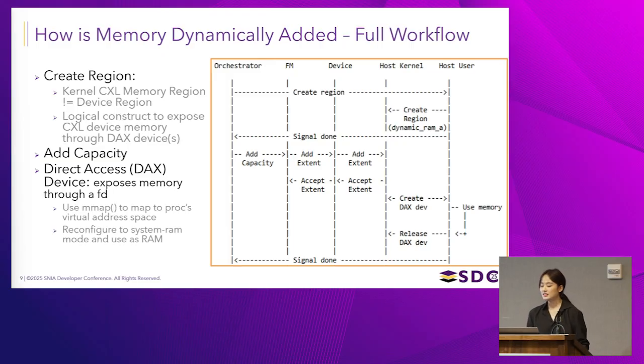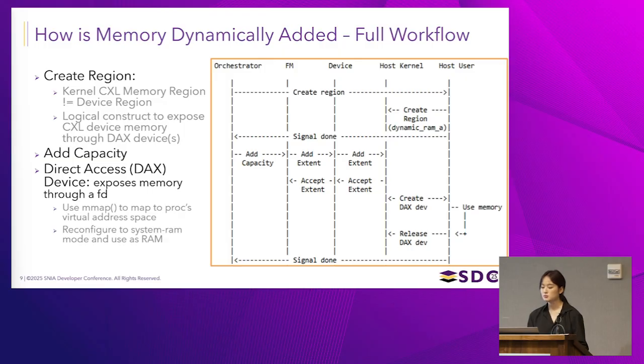So then, how do you use that memory as the host user? This is where the DAX subsystem, or the DAX interface, comes into play. This subsystem was originally introduced to expose persistent memory, which had different performance characteristics than traditional volatile memory.